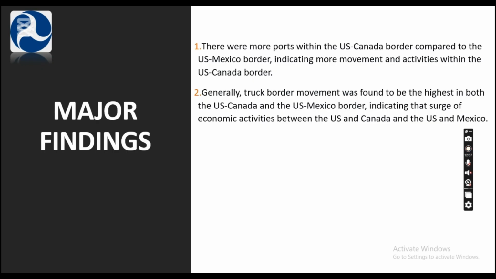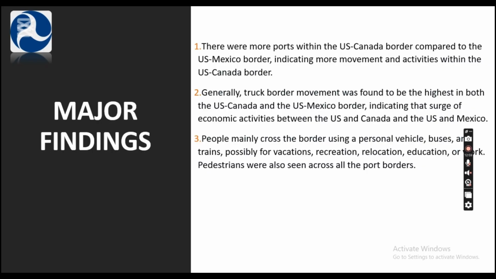Then we also realize that people mainly cross the border using their personal cars, ordinary people. They cross with their personal vehicles, they cross with buses, and they also cross with trains. They might be going for vacations or recreations or relocations or even education or work, while pedestrians are also moving across the border.